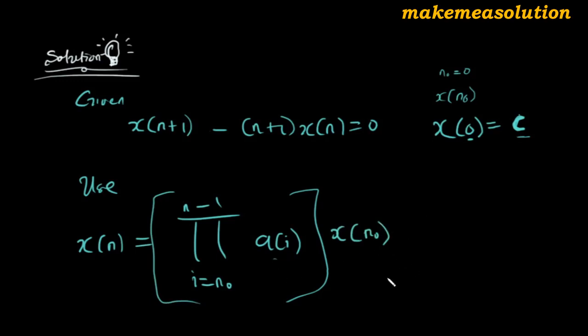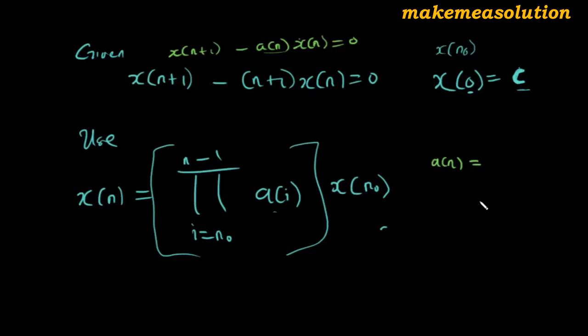Now I have all these parameters, and if you look very carefully, comparing this to the normal difference equation, that's x of n plus 1 minus a of n times x of n equal to 0, you see that this is a homogeneous first order difference equation. My a of n is what? So let me just write it clearly. My a of n, if you compare, a of n is given to us as n plus 1 in this case.